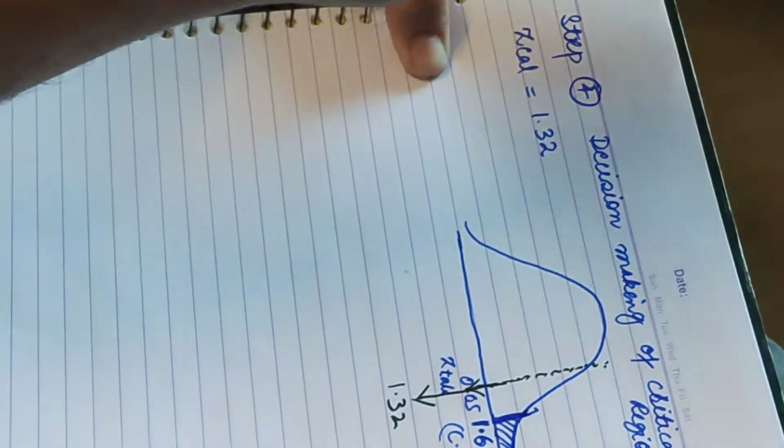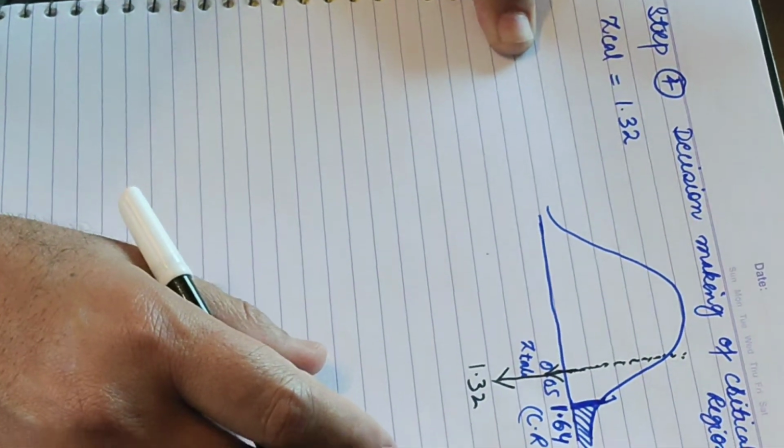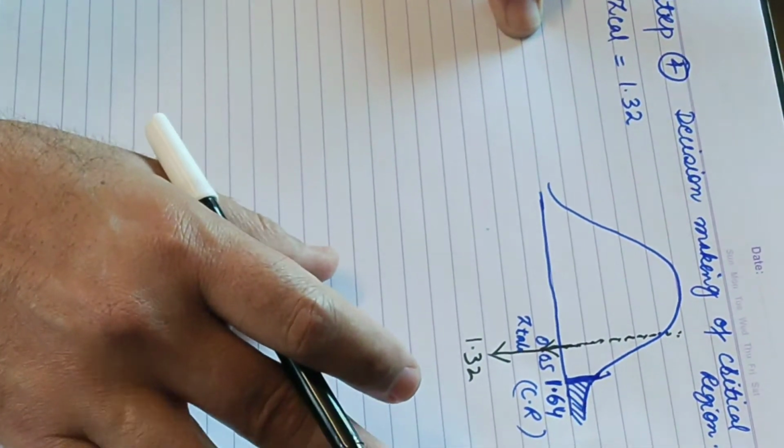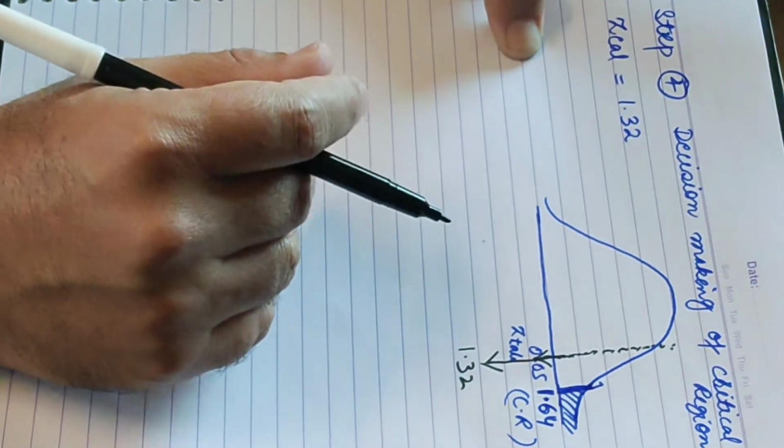What we learned in the first lecture is that if the Z calculated value doesn't fall in the rejection area, we do not reject the null hypothesis. So definitely we fail to reject the null hypothesis.